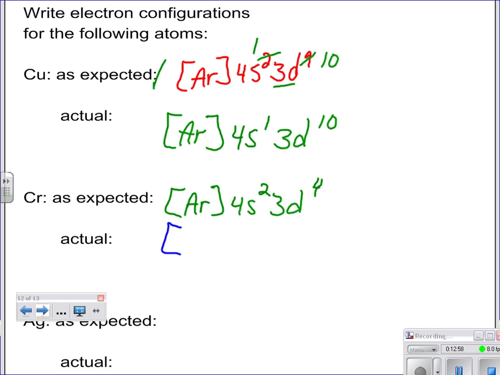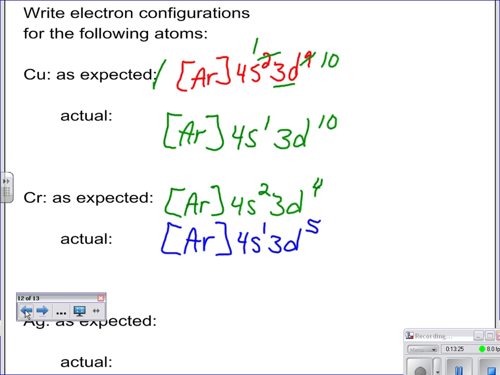It becomes argon, and then 4s1, 3d5. Because if you were to draw out your orbital spin diagrams, everything would be up, there's 5 ups for that D block. And then you've got half filled for both of those. That's more stable than 4 out of 10.